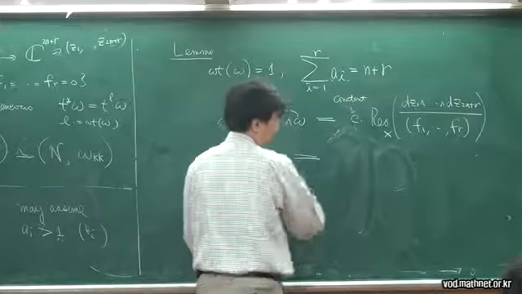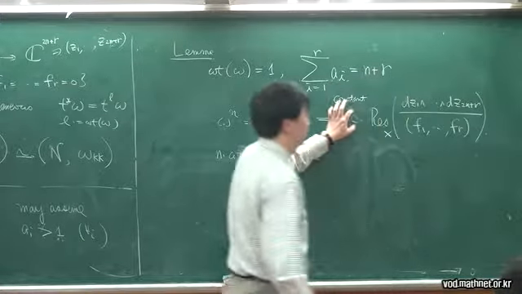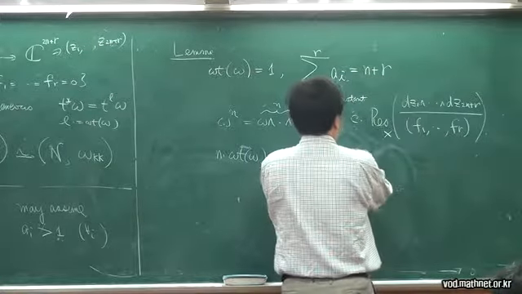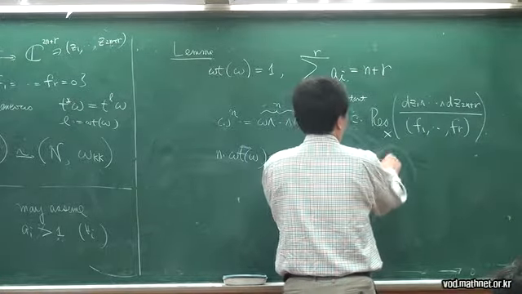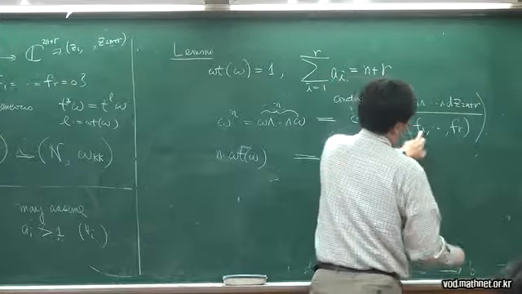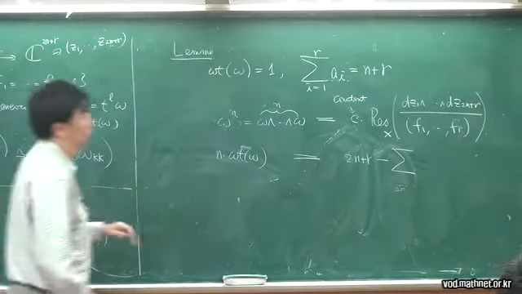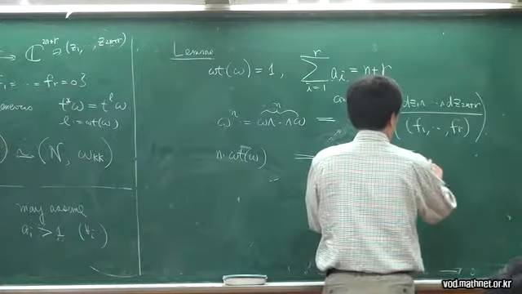And what is the degree of this? This has degree 0, and each dz has degree 1, so this is 2n plus r minus the sum of a_i. So we have the following inequality.